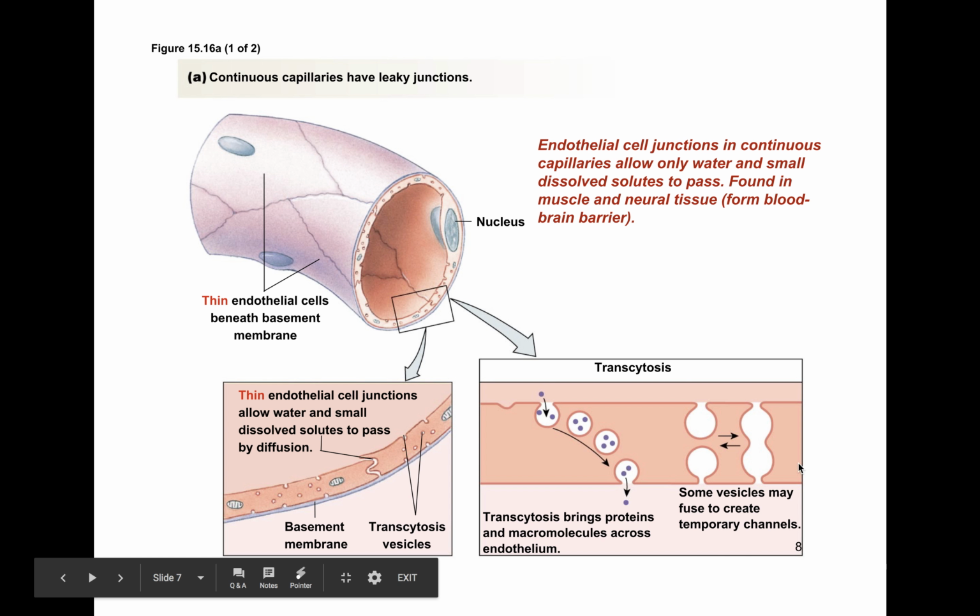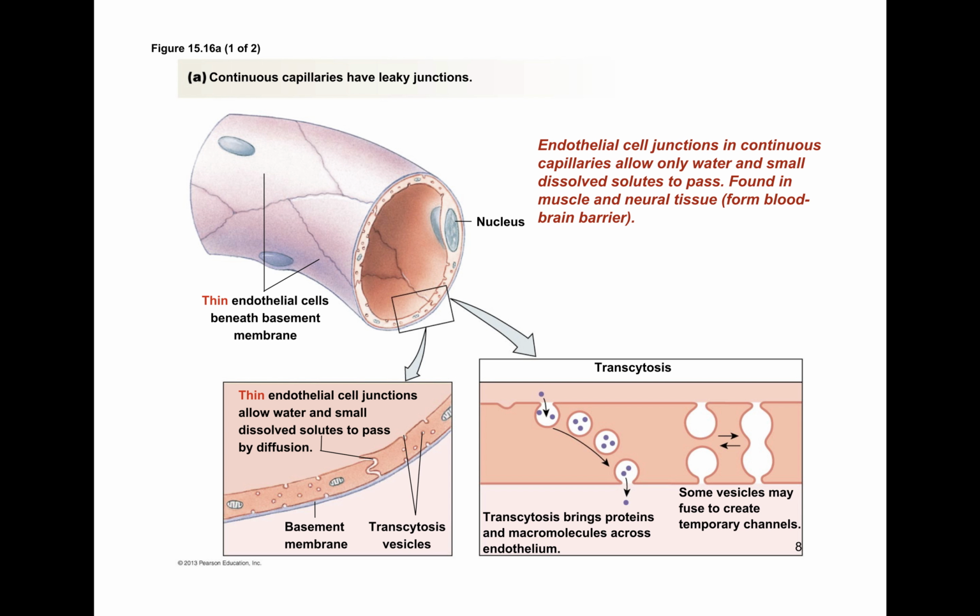And as shown here, they can also transport larger molecules using transcytosis, so an actual process to get things through. But basically the general idea is that capillaries are these sites of gas exchange, nutrient exchange, and fluid exchange. And pay note to that last one, fluid exchange.